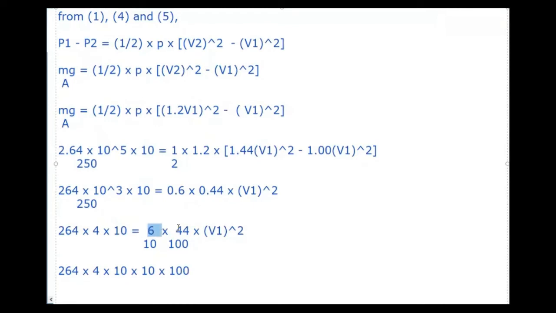And this 6 and 44 should be written here. 6 over 10 will be 10 over 6, 44 over 100 will be 100 over 44 when the terms are taken to the other side. So here we have only V1 square. Now you see the difference. This 4 and 44 can be written, then you will get 11. Am I right, dear Lamai?